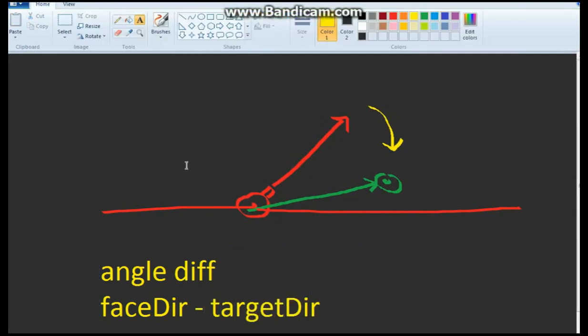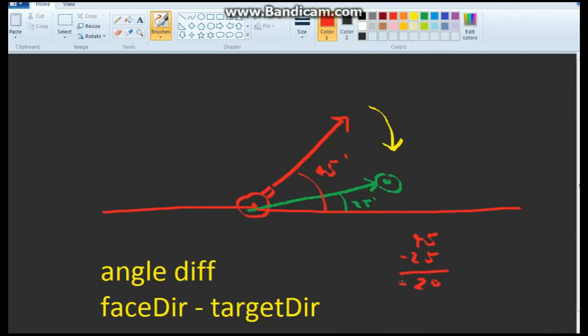Since our facing direction here is 45, and let's say our target's direction is 25, that's going to give us a positive number. 45 minus 25 is a positive 20.